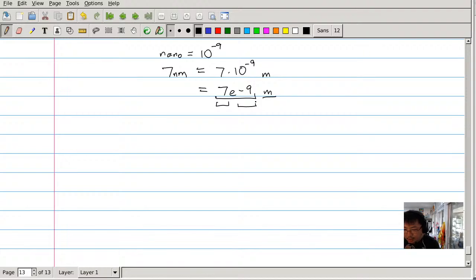Let's take a look at an example. I'm just going to pick a random example in this case: 1.011 in base 2 times 2 to the power of 3.